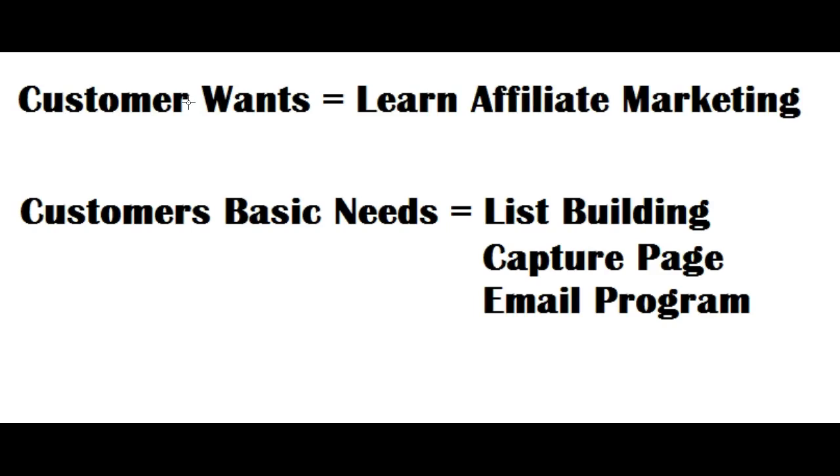So in this particular training, obviously we are focusing in on those people who are actually wanting to learn affiliate marketing specifically. So we're talking about the people who want to make more sales via affiliate marketing. So we already know that that's the customer's wants.